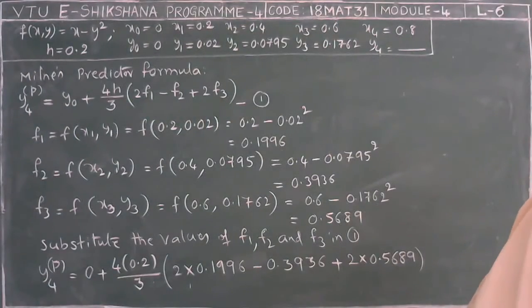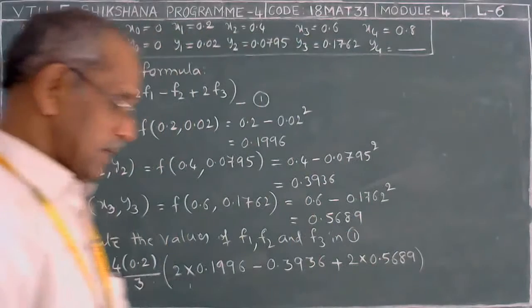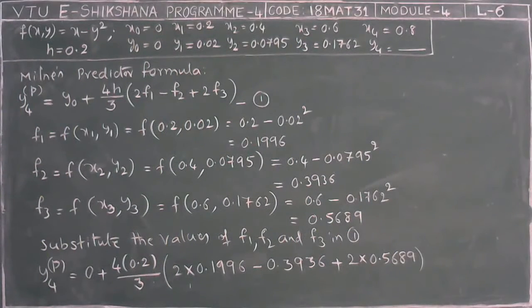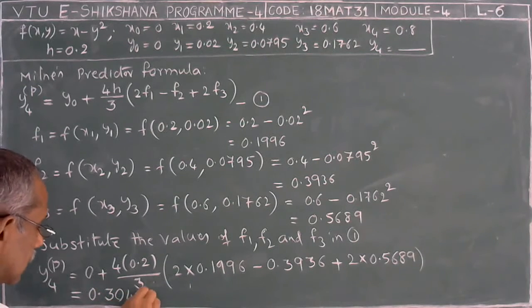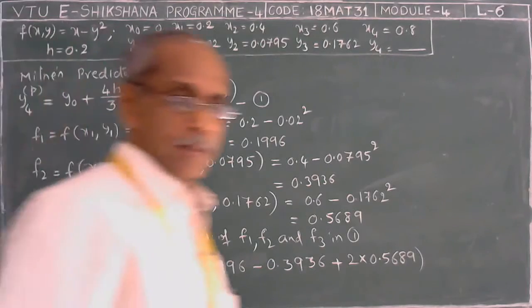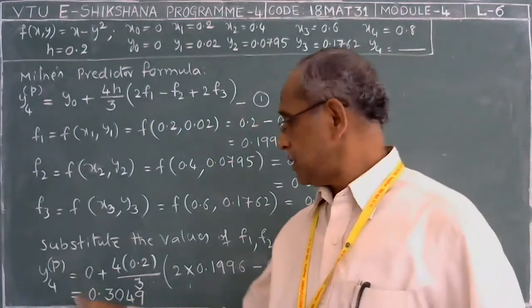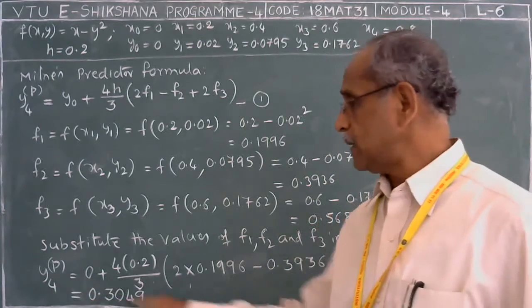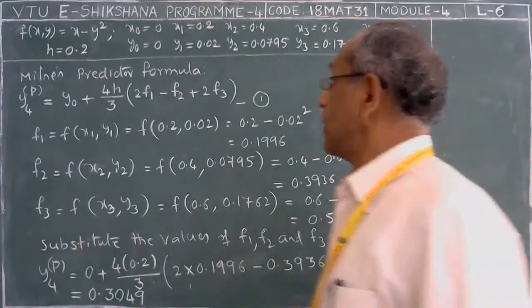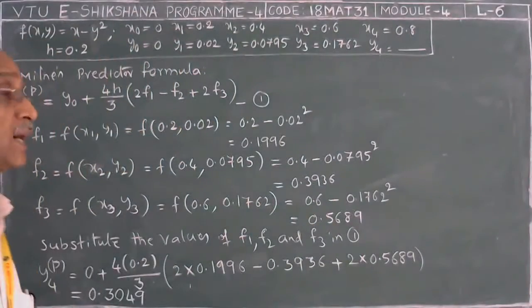If you compute this carefully, you will get y4p equal to 0.3049.